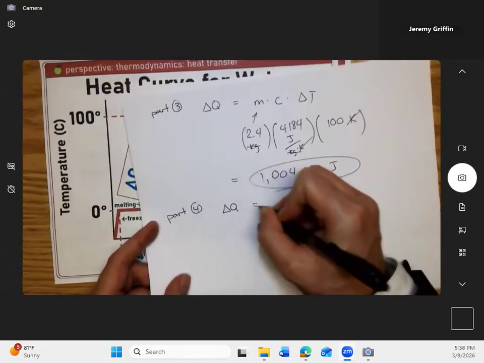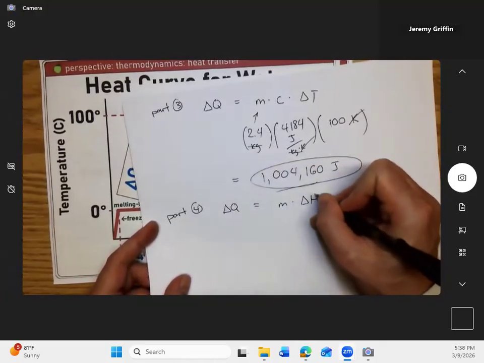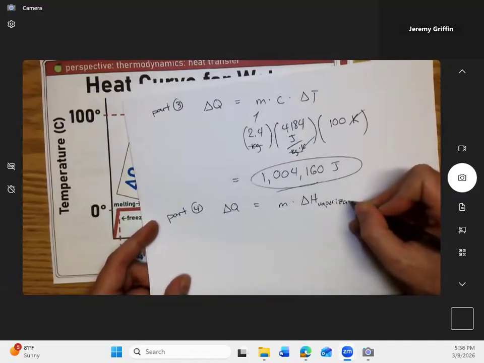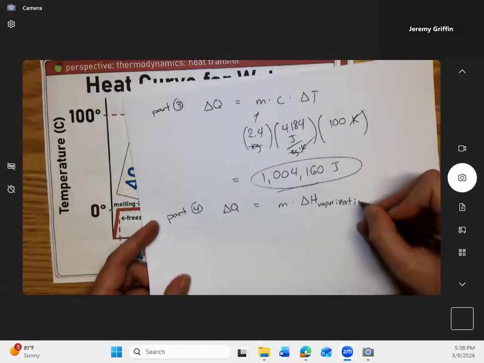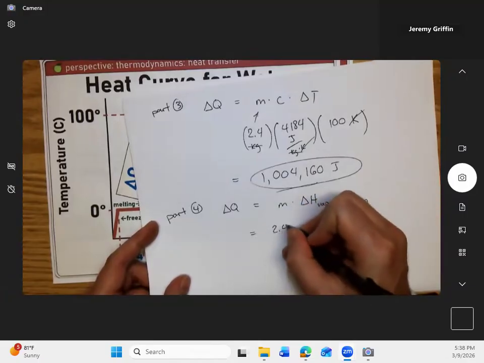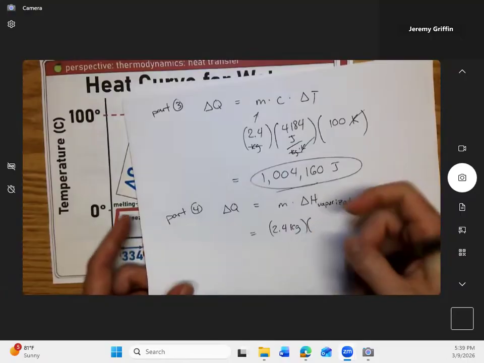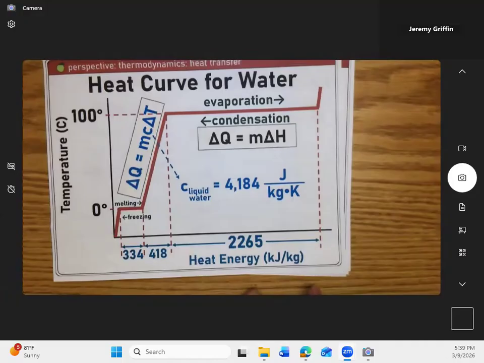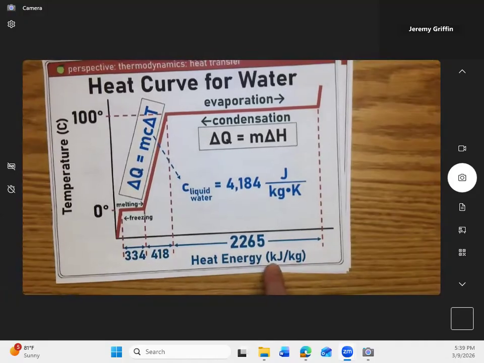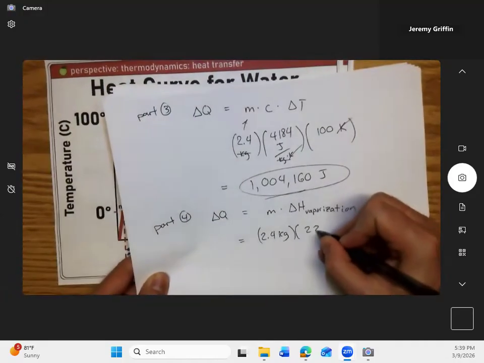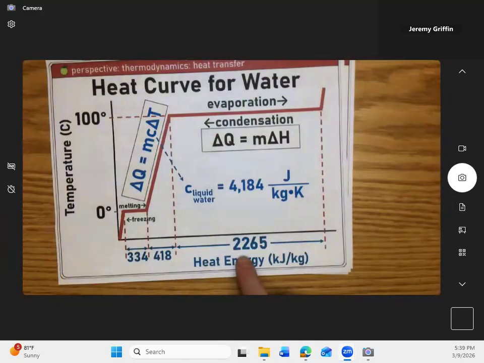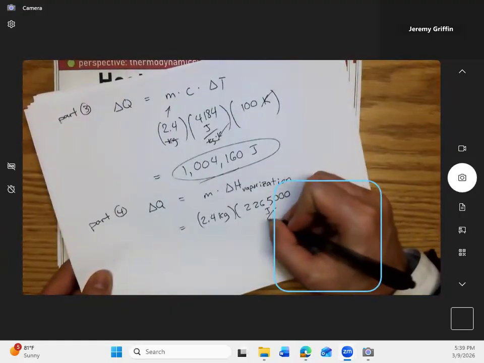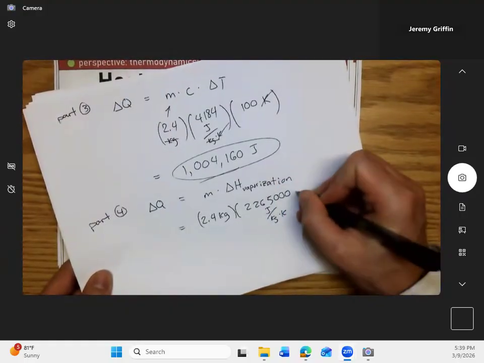So we're back to delta Q equals m delta H. Now this is the heat of vaporization. It's kind of like the formula we did before for melting, but now it's to boiling. So we still got the same 2.4 kilograms that we've had all along. But what is the heat of vaporization for water? I got it right here. It's 2265 kilojoules per kilogram. Now we're back to kilo, so I'll go ahead and multiply by 1,000 for that kilo right there.